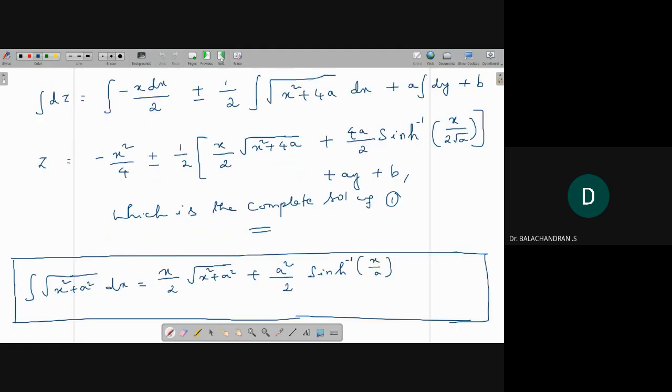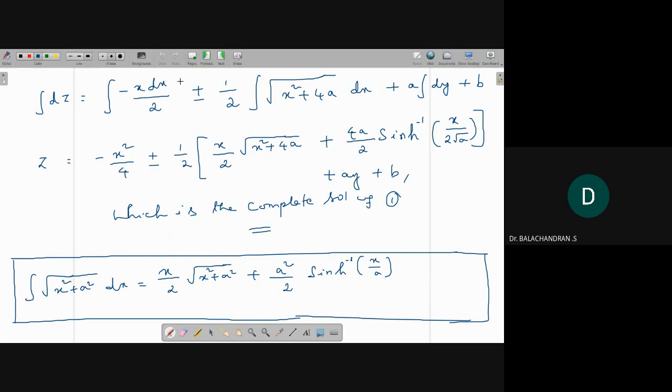Here, the first line: minus x into dx by 2 plus or minus half into a square plus 4a only. No, sir, we took it from dz. But there you have written x square, sir.